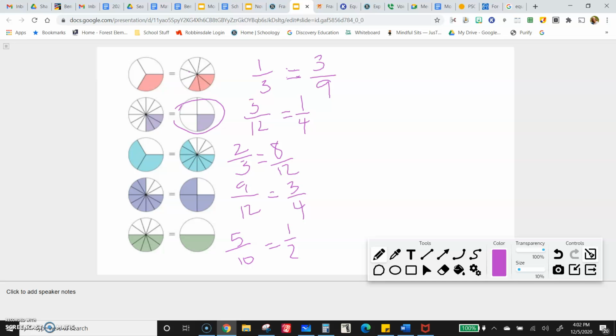Now, sometimes they're not going to draw a picture for you, and you have to be able to figure out an equivalent fraction if you are given the fraction all by itself. So how you can do that is if I have a fraction like 3/5, I can multiply the top and the bottom by the same number.